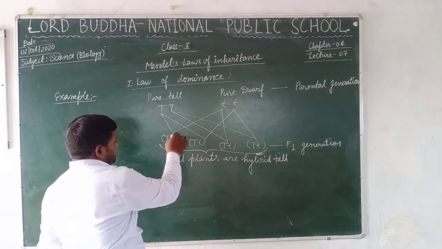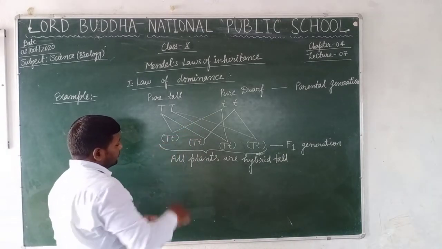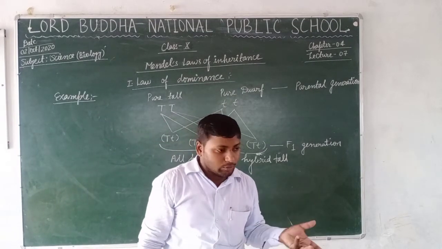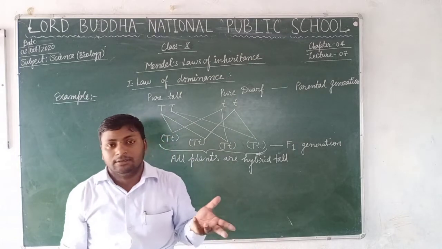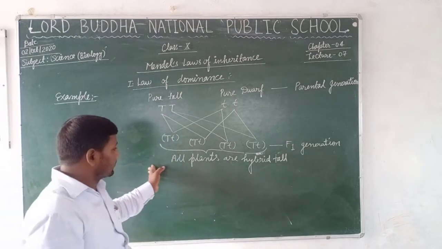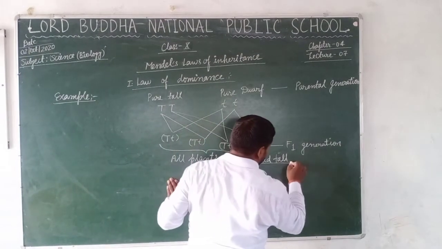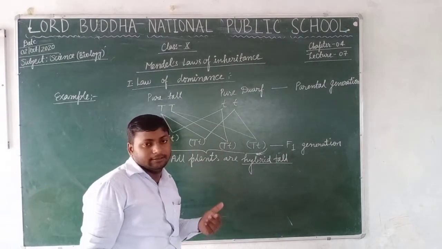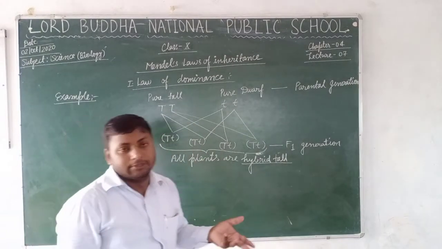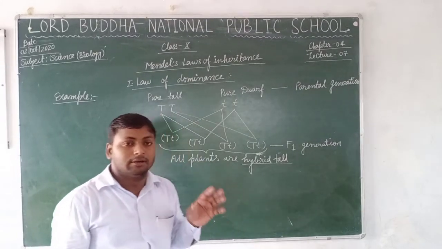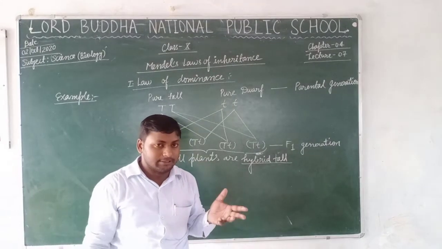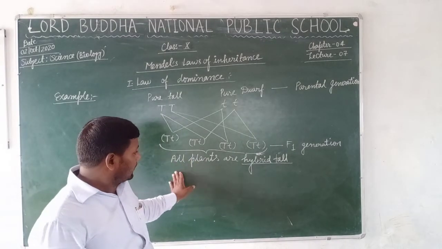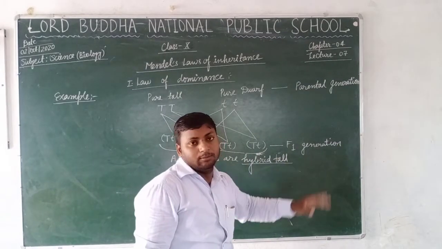So capital T is the dominant trait and appears phenotypically. But genotypically these plants are hybrid, because one of the alleles present in them is of the recessive type but does not come into appearance, so all the plants are visible as tall plants.